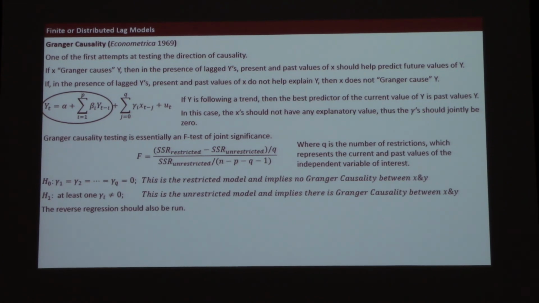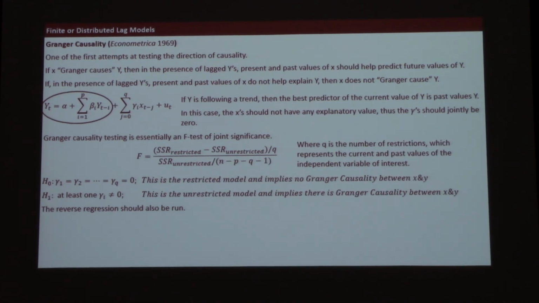So here's sales equals alpha plus beta 0, beta 1 sales t minus 1, plus beta 2 sales t minus 2. Okay, so those are the betas.